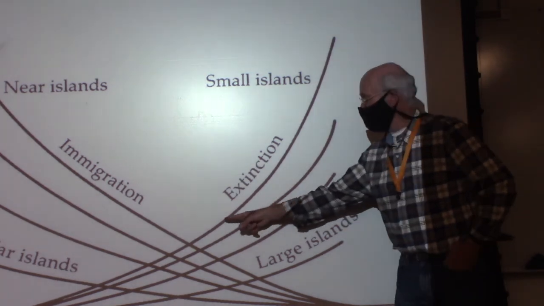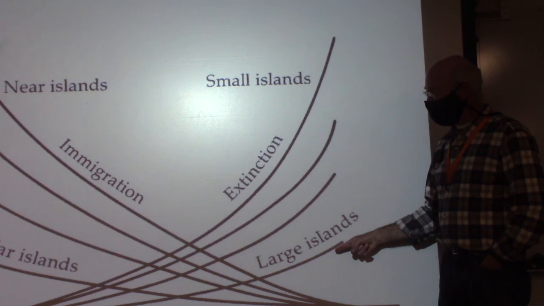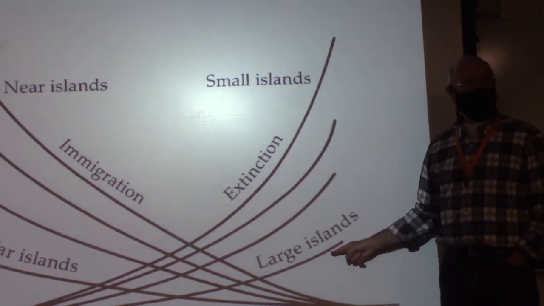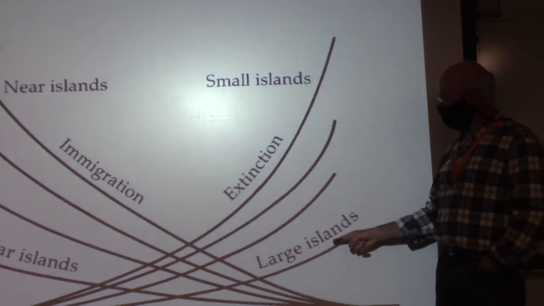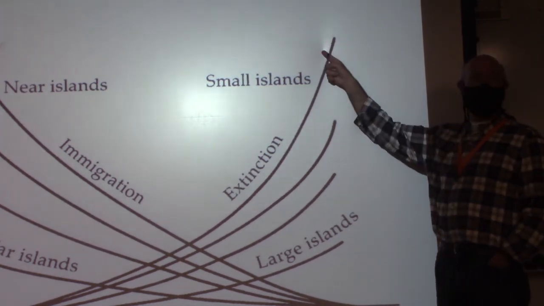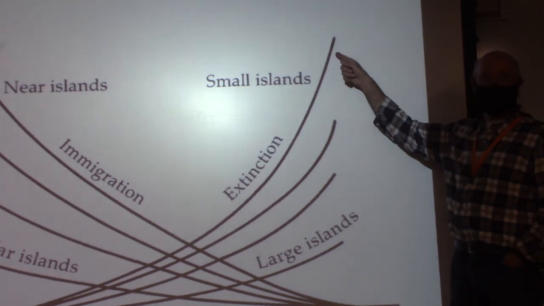So here, on a small island, the probability of extinction is much higher than on a big island. So island size influences the probability of extinction. Big islands have a low probability of extinction. Small islands have a high probability of extinction.